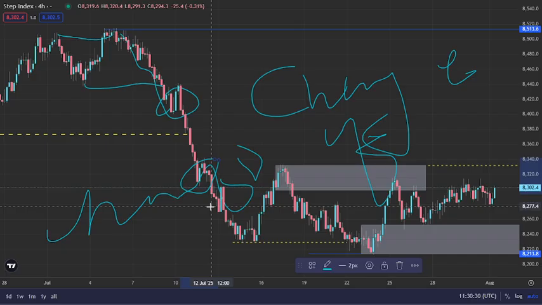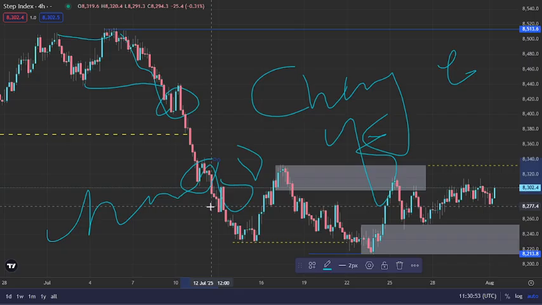So I'll read this. When the fractal strong structure breaks, we get a change of character. When the fractal weak structure breaks, we get a fractal continuation, a fractal break of structure.